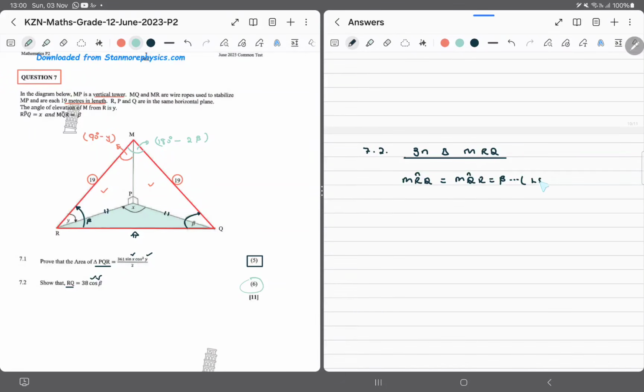Now these are angles opposite equal sides given, OMR is equal to MQ, equal to 19 meters.